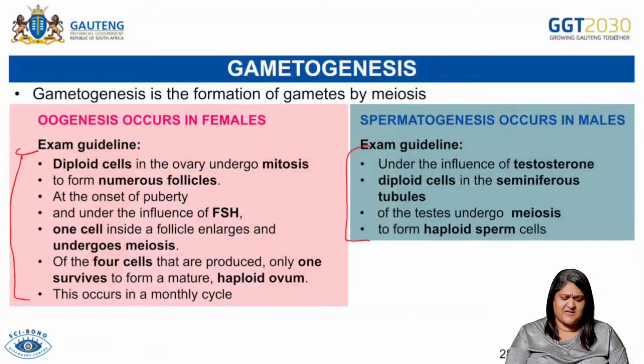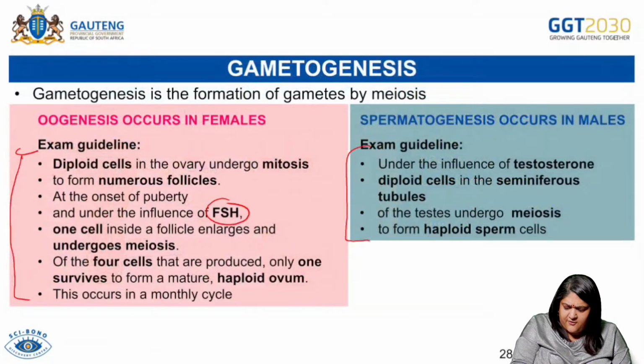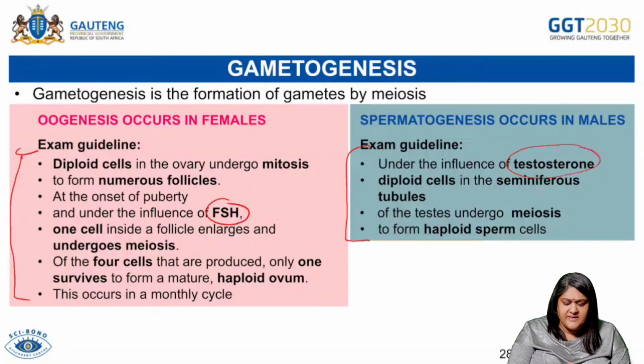Okay. I think I must just mention that quickly. The main things we must understand here is that we need to know the hormone that is involved here. It's FSH here. It's testosterone here. We need to know that meiosis is going to be occurring. Very important. Okay, that meiosis is occurring here, because learners get confused.